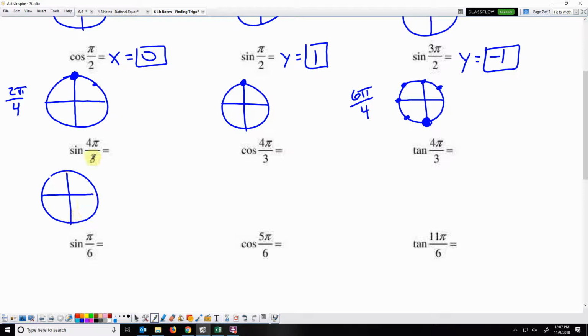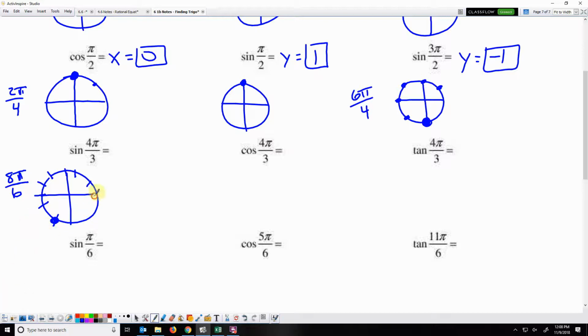Okay, now 4 pi over 3. If we want that in terms of sixths, 4 over 3 is 8 over 6. So it's 8 pi over 6. 1/6, 2/6, 3/6, 4/6, 5/6, 6/6, 7/6, 8/6. Right there.